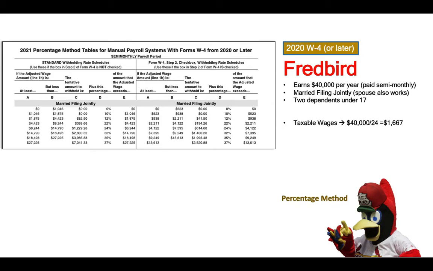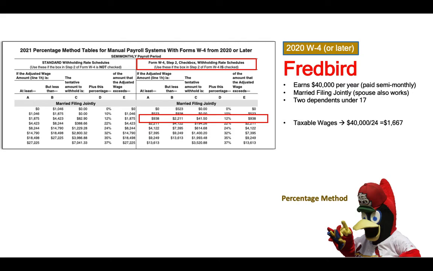On the right side, you see the percentages when the W-4 step 2 checkbox is checked. That's the one we need since he selected to check the box for step 2 on the W-4. Now, his wages fall within the 938 to 2211 row, at least 938 but less than 2211.